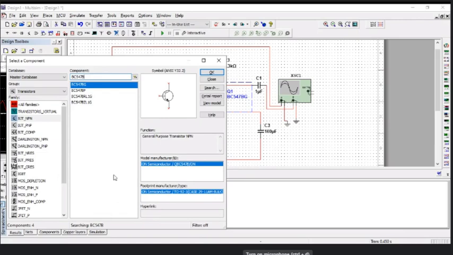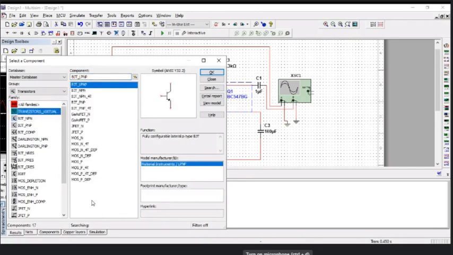Can you click on that virtual transistor? Okay, so BJT NPN. Just go with BJT NPN.